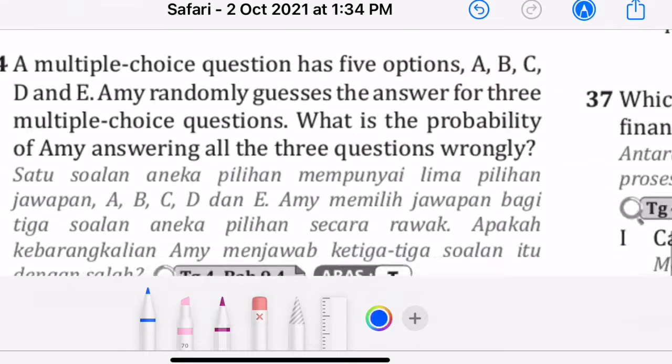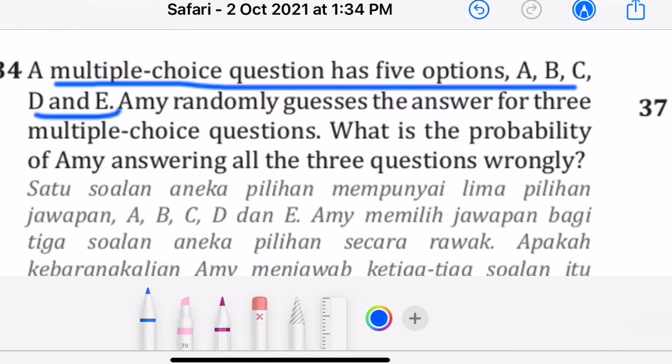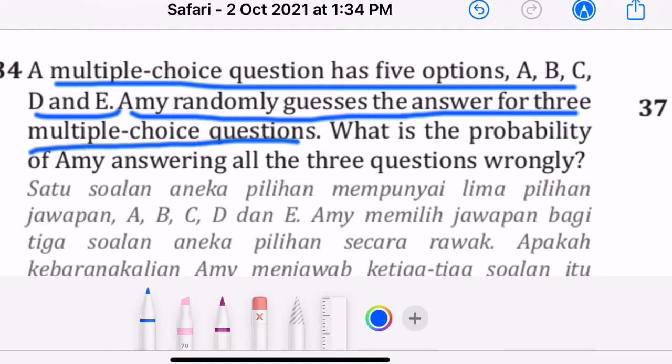Question 34. A multiple choice question has 5 options A, B, C, D, E, and Amy randomly guesses the answer for 3 multiple choice questions. What is the probability of Amy answering all 3 questions wrongly?